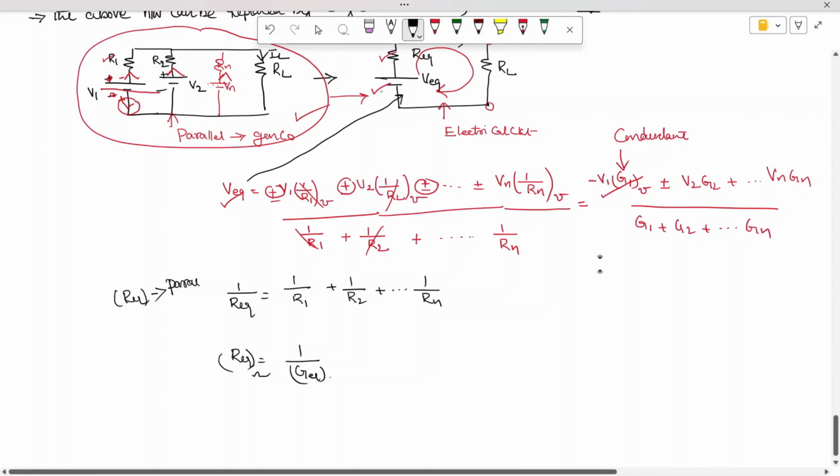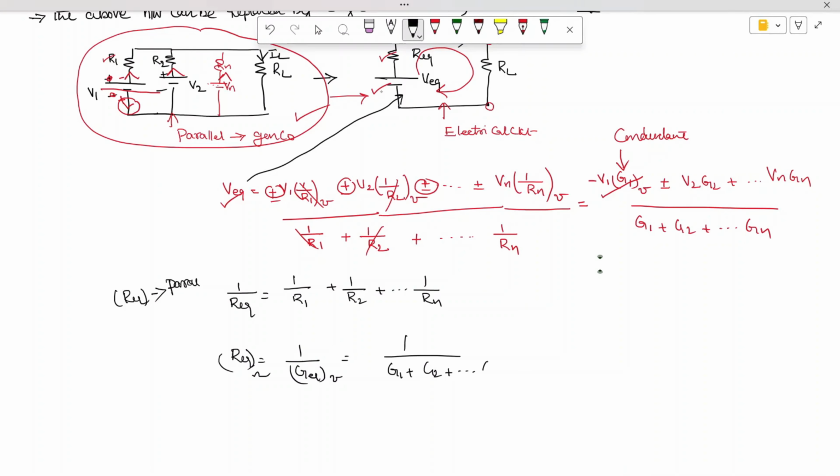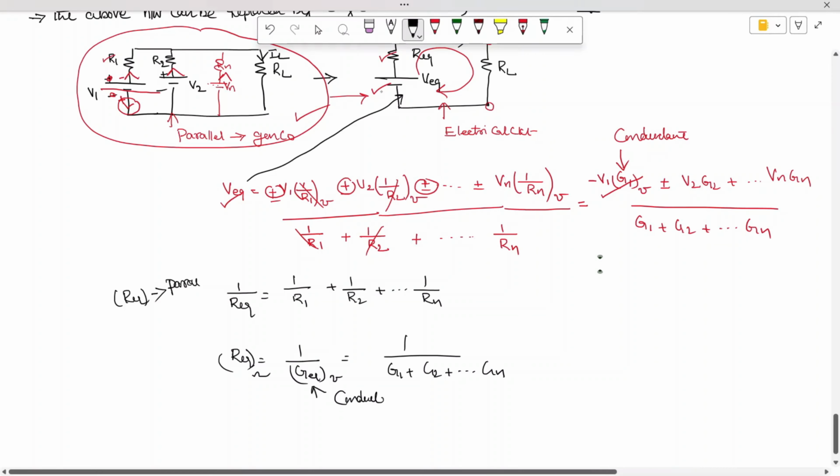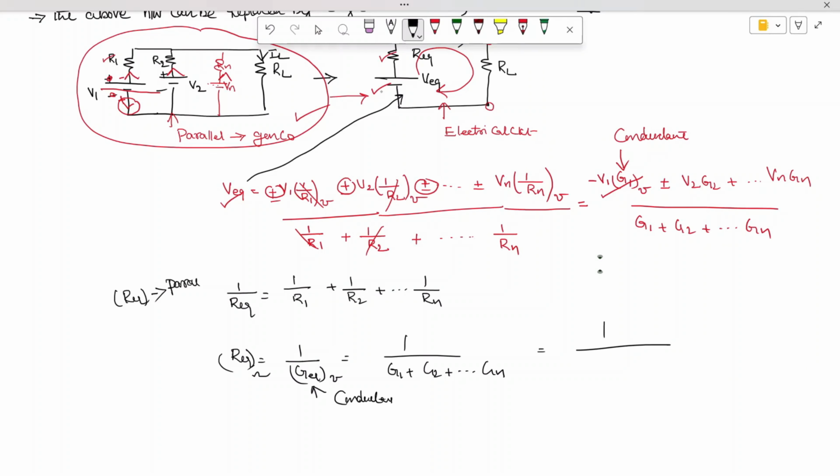The units of G is how much? Mho. So this I can write as 1 by G1 plus 1 by G2 and so on up to Gn. Since it is in conductance, G is called conductance and we can add these conductances. But actually G is not given in the question. We require to write it as 1 by R1 plus 1 by R2 and so on up to 1 by Rn.